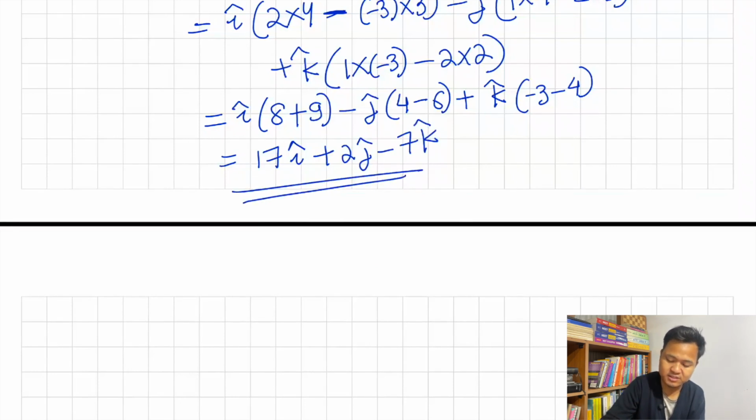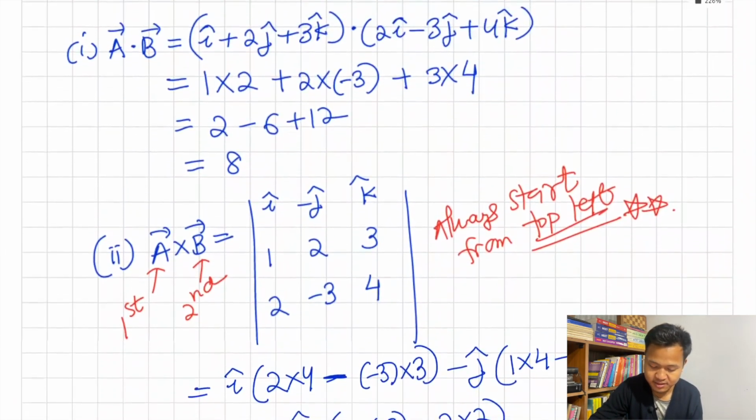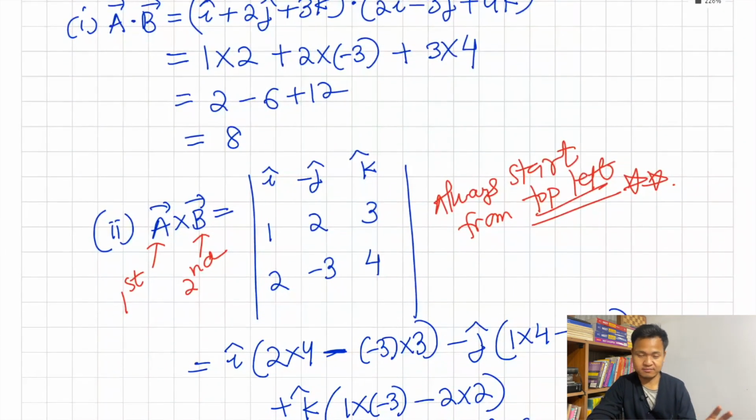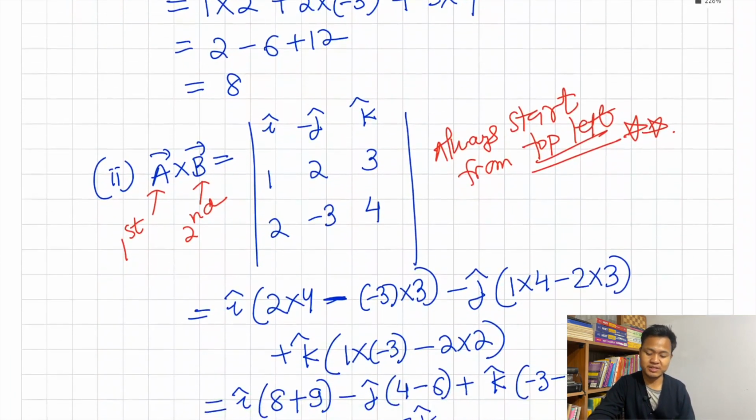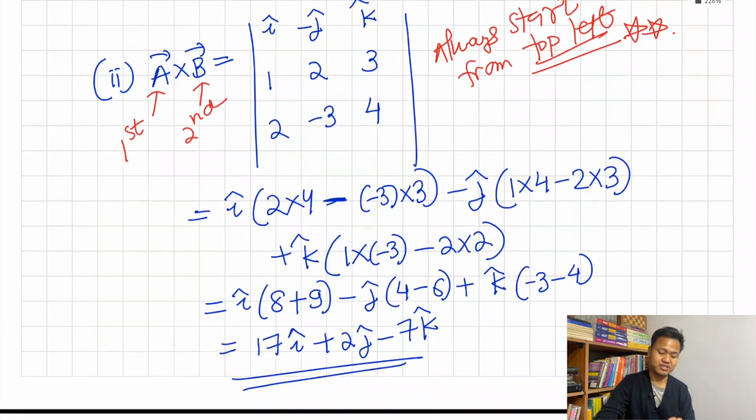This is the answer. Cross product answer, using determinants. So you just go back and see it again, how we use the determinant. This is very important. You're going to use this a lot in physics.